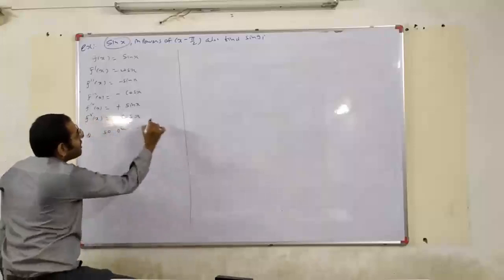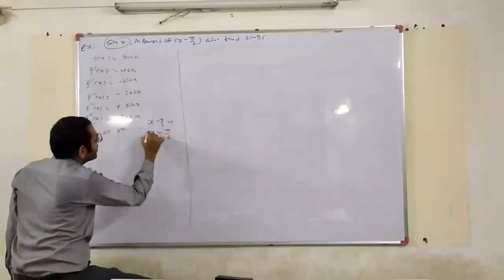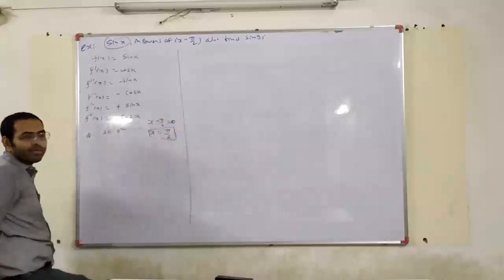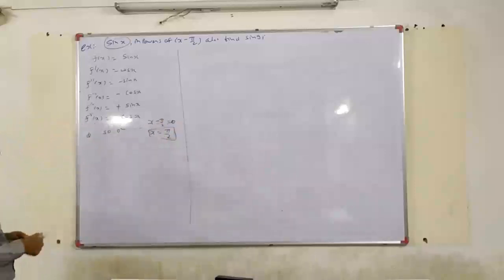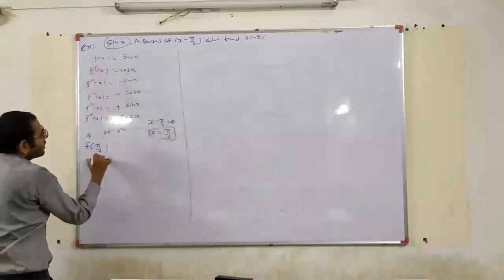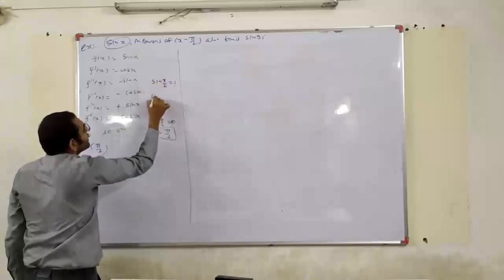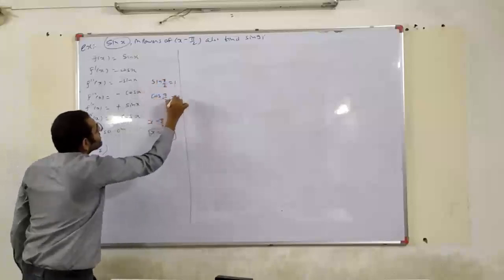Here, in powers of x minus pi by 2 equal to 0, that is our position x equal to pi by 2. Substitute x equal to pi by 2 in these equations, then we get sin pi by 2, that is 1, and cos pi by 2, that is 0.